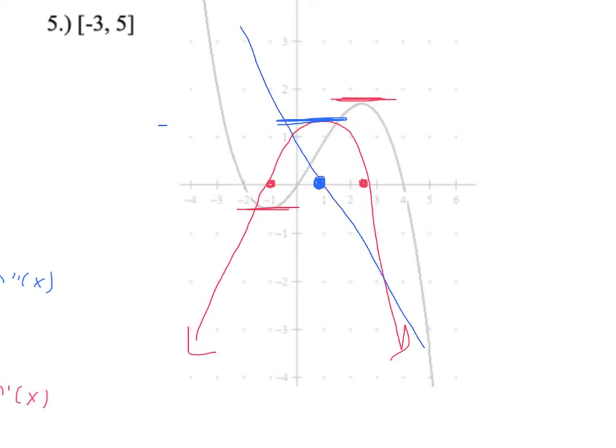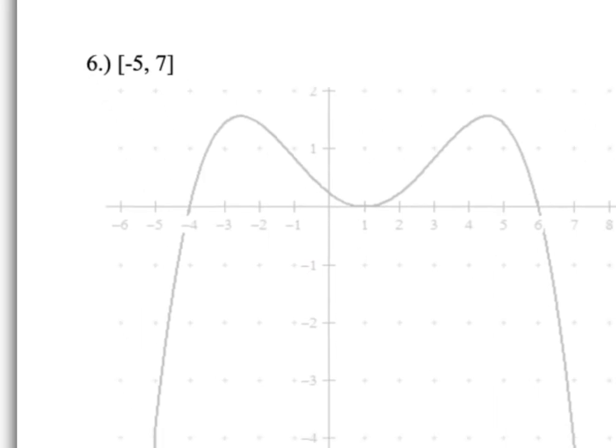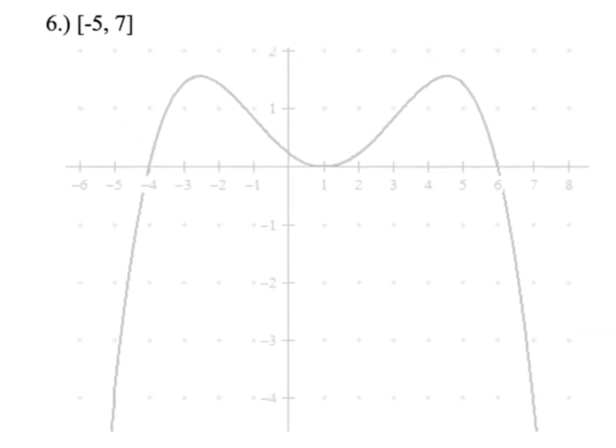Again, how steep this is, not something we're too worried about right now, just that general shape. Let's make sure that we have all of these guys labeled. And f of x. Alright, I'm going to see if I can get 6 in, and then do 7 in another video.